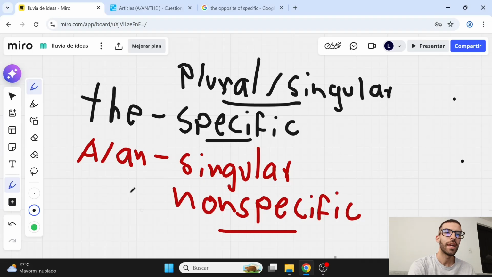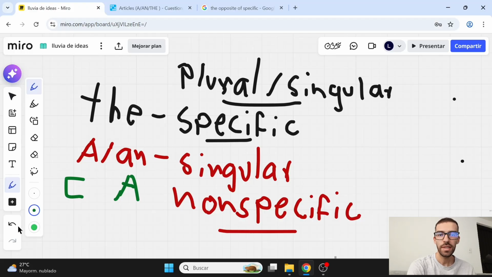Okay, I'm going to start, and the difference between the or a is actually if it is singular. I'm going to start actually with this one, a or an, which actually mean exactly the same. The only difference is that you use a, for example, if any word starts with a consonant, and you're going to use an if it starts with a vowel. Also, something important is that you need to use this if it is singular, if you refer to a singular object, or it could be a person as well, and if it is non-specific.